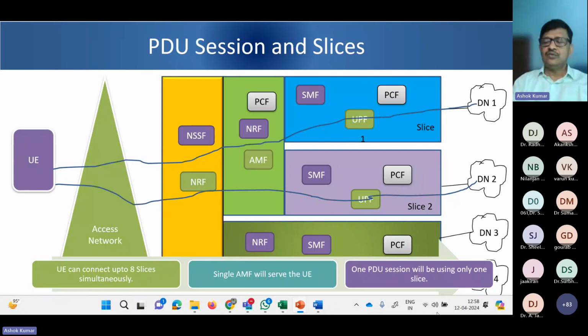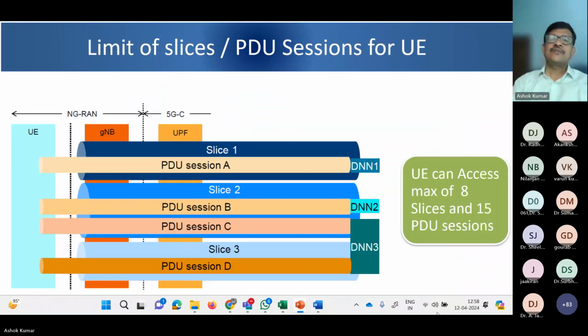That's the overall concept of PDU session. In slice 1, I have one PDU session; in slice 2, I may have more than one PDU session, B and C; and in slice 3 I can have more. That way I can have 8 slices, and there is a limitation on PDU sessions also.